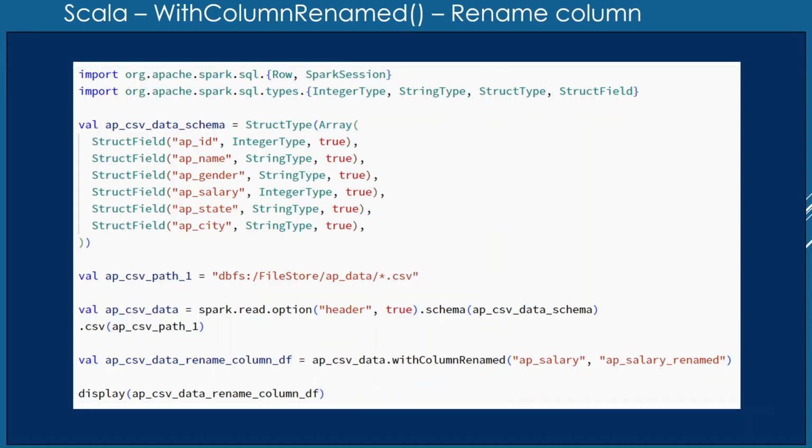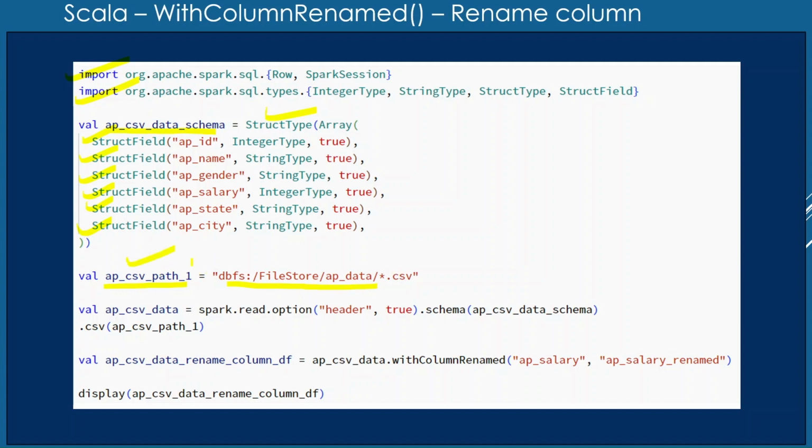So in this exercise, I am importing all the required variables. I am creating this custom schema with the help of StructType and StructField. With the help of StructField, I am defining 6 columns and their data types. Here I am creating a variable which has the folder level path, and in that particular folder there would be many CSV files.